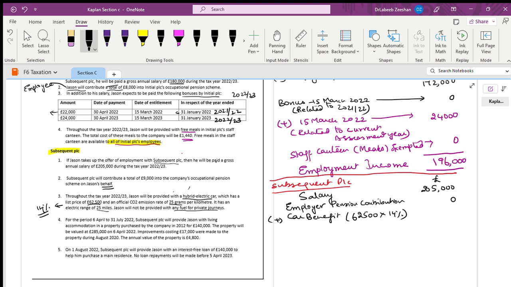How much will you get? 14 by 100. It's 8,750. We have to be very clear, okay?